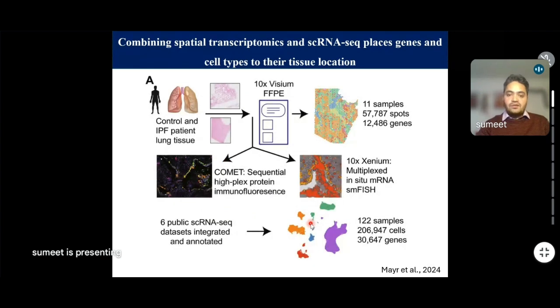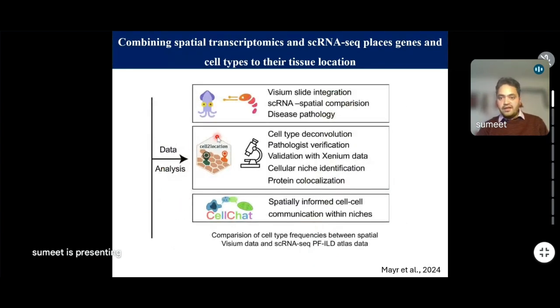Once we run all these technologies, you have to do a lot of data analysis, which is high performance computing, but it can give you a lot of information around pathology, around which cells are interacting with other cells, what the receptor ligand relationships are, and what the specific niches within a tissue are, meaning you can have some areas in the tissue with a lot of T cells, or some areas with a lot of B cells, or some areas with a lot of fibroblasts, because you can literally see the whole tissue without disturbing the architecture.